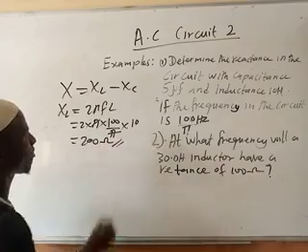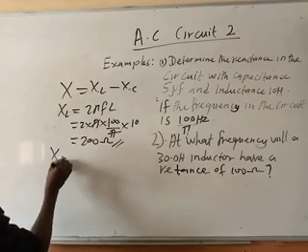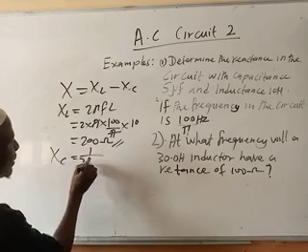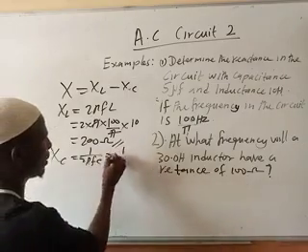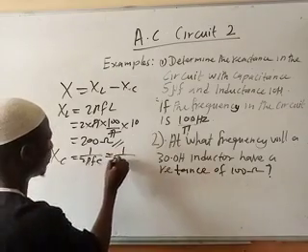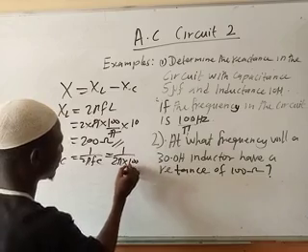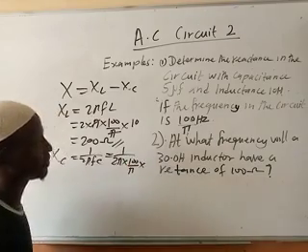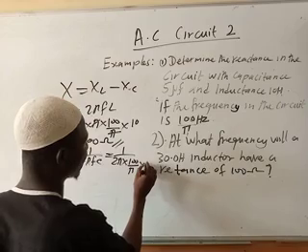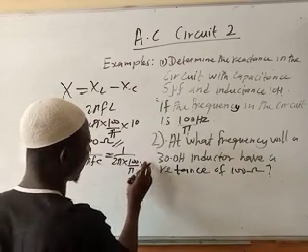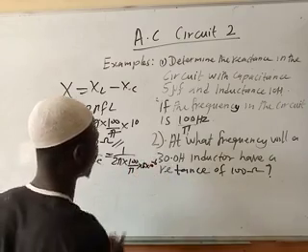ohm. Then let's calculate that of capacitive reactance, which is equal to 1 over 2 pi FC. So which is equal to 1 divided by 2 pi multiplied by F, 100 over pi, times C. What is C? C is 5 microfarad. That is 5 times 10 raised to power minus 6.